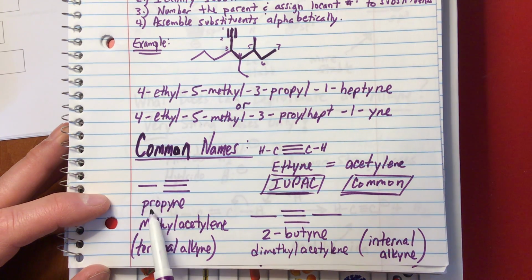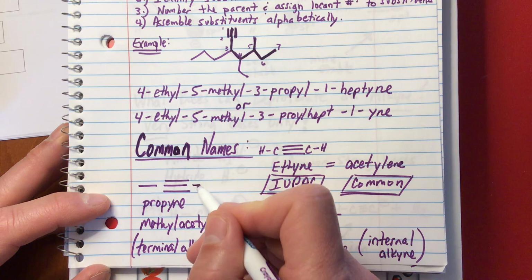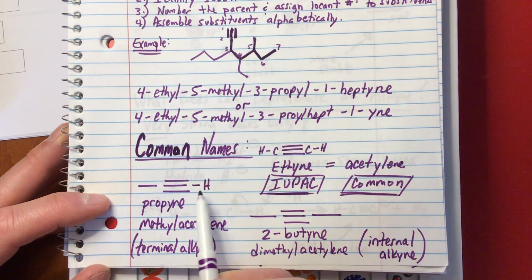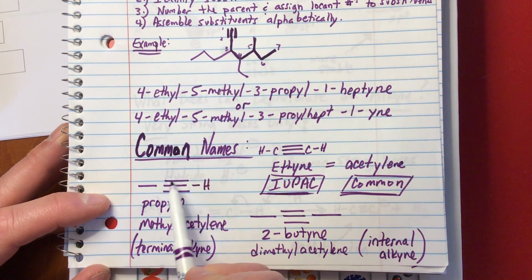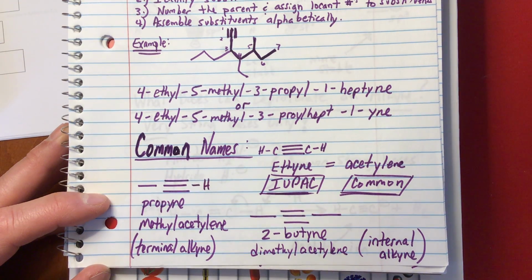So the IUPAC name for this structure would be propyne, or the common name would be methylacetylene, since we have a methyl attached to the acetylene. And this would be called a terminal alkyne because we have a hydrogen attached at the end. So the triple bond is on a terminal carbon.